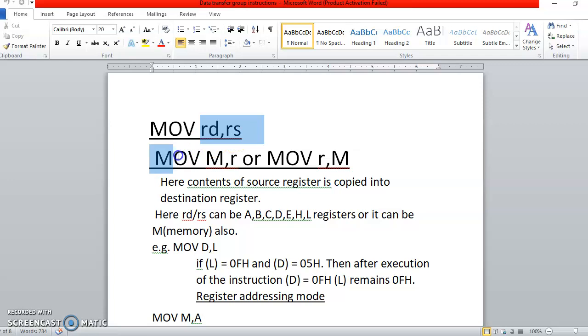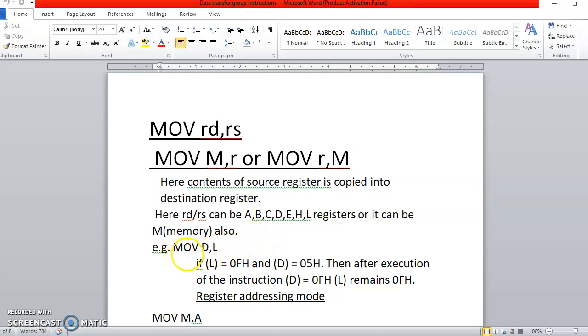Or it can be MOV M, R. So your source is a register, the destination is the memory. Or you can write MOV R, M. Your source is M and the destination is any register. So the contents of the source register is copied into the destination register, where the source or the destination can be A, B, C, D, E, H or L, any one of these registers, or it can be a memory.